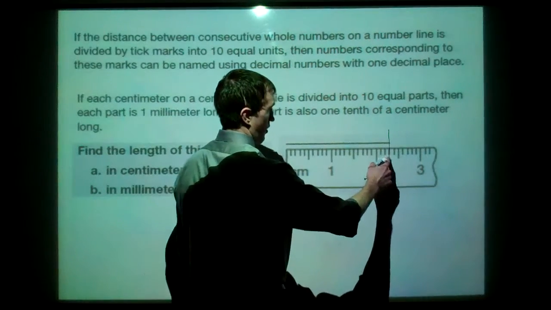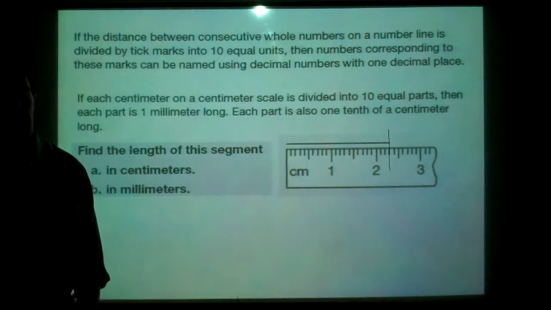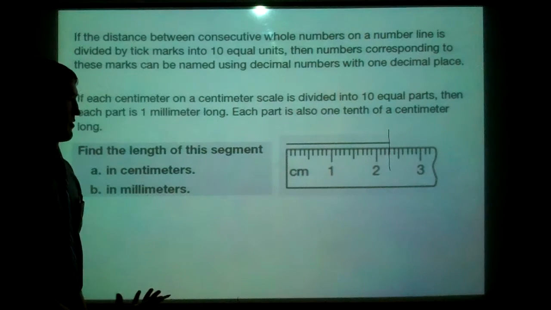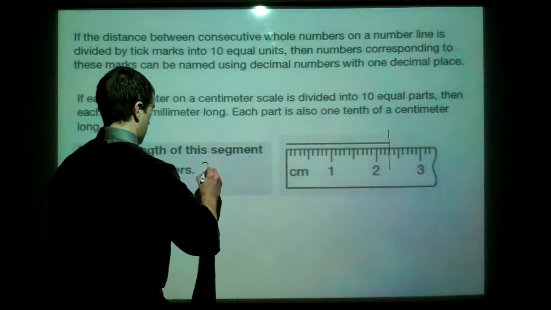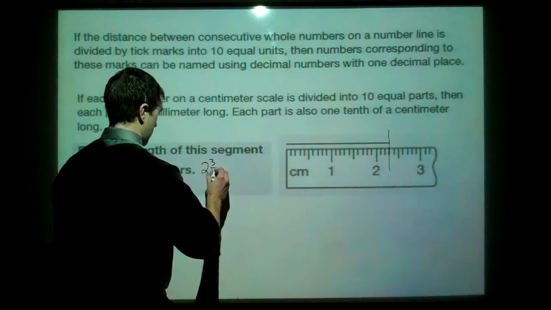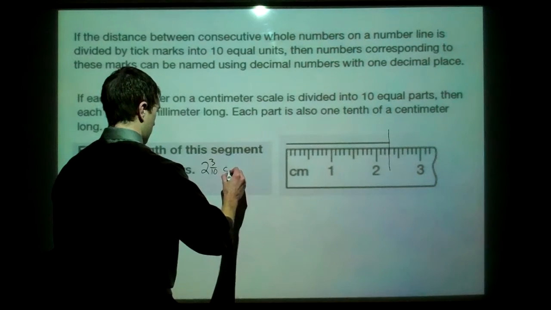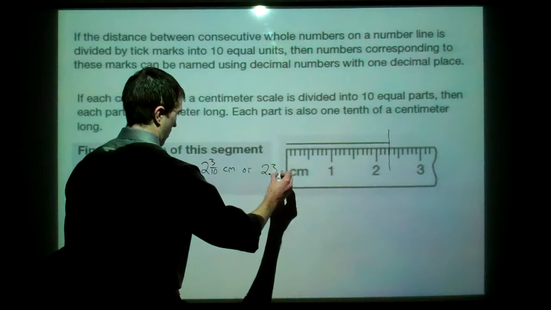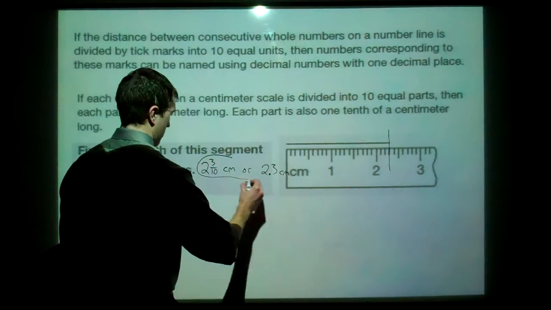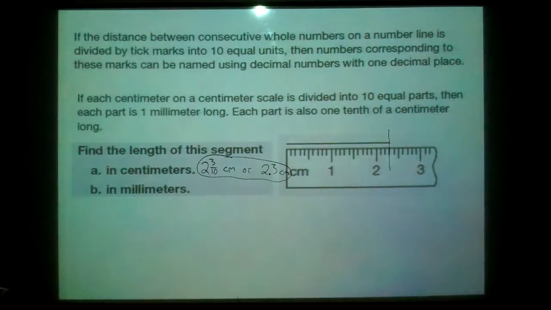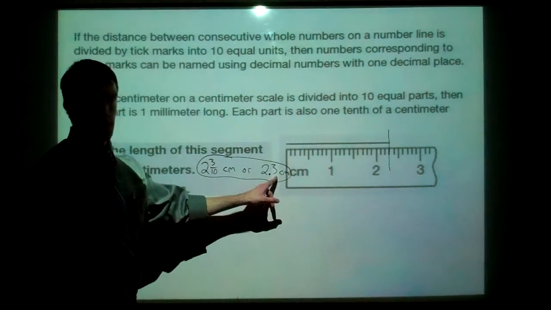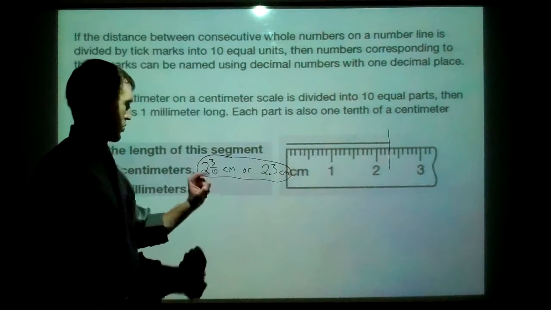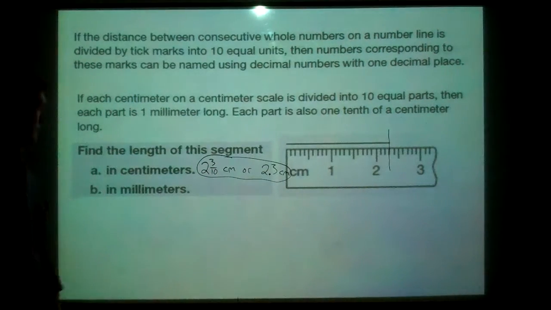So 1, 2, 3 millimeters, but that's actually 3/10 of a centimeter. So 2 and 3/10 centimeters, or 2.3 centimeters. Either one of those would work. The 3 is in our tenths place, because we are talking about tenths.